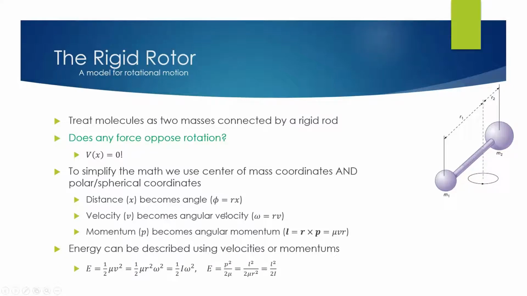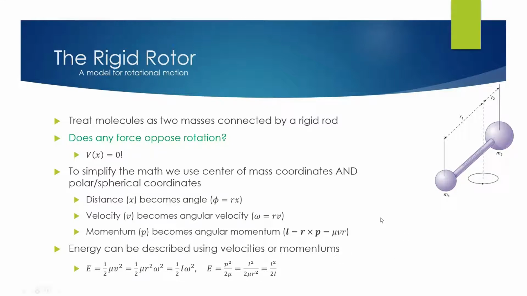And then we can similarly convert things like velocity and acceleration to angular velocity or angular acceleration. The one that's going to be most useful for us, it turns out, is surprisingly linear momentum into angular momentum. So our linear momentum, which has the symbol P, becomes the angular momentum L. And I've written L, R, and P here in bold to denote that these are in fact vector quantities.